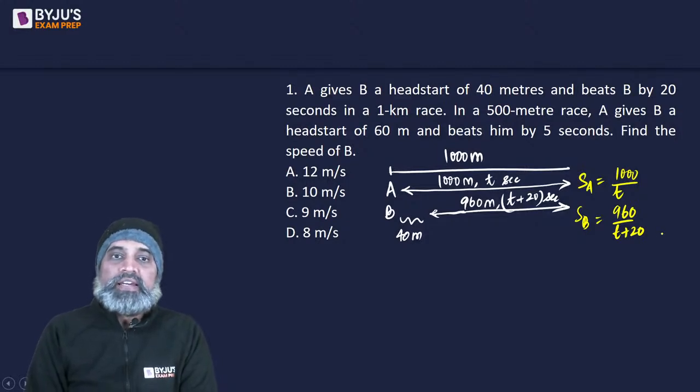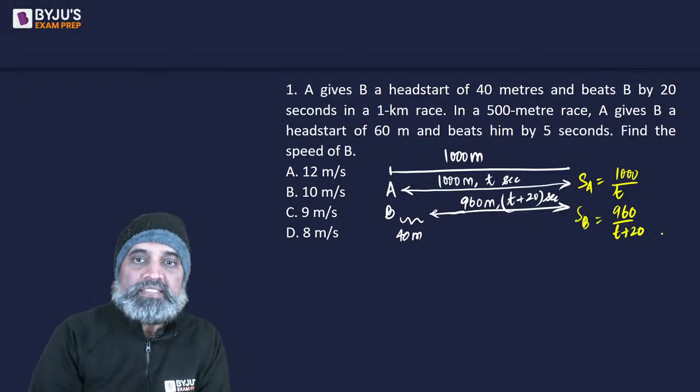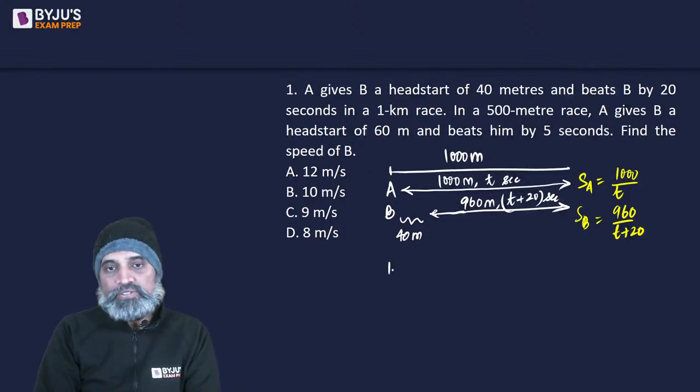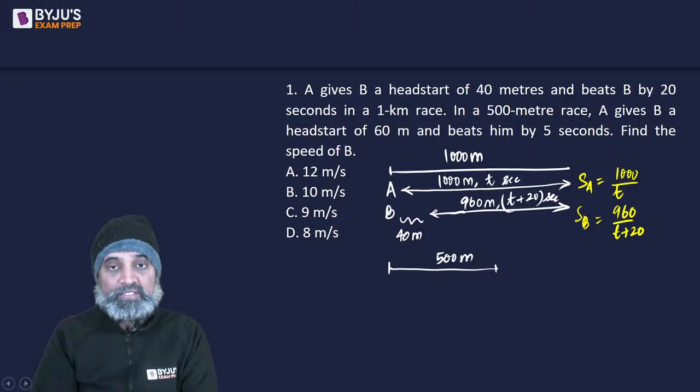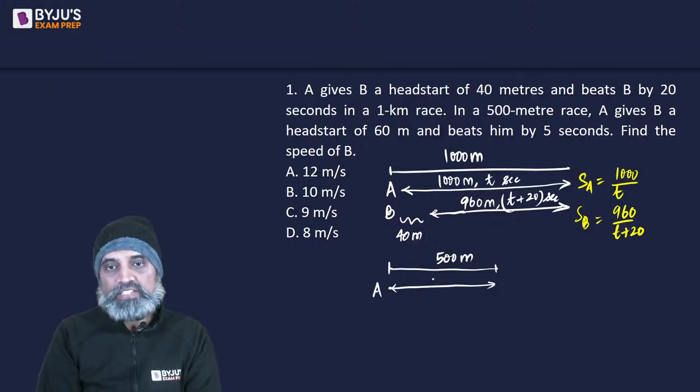The second part says in a 500 meter race, so that's half the length of the previous race. A gives B a head start of 60 meters. So A covers the entire distance of 500 meters.